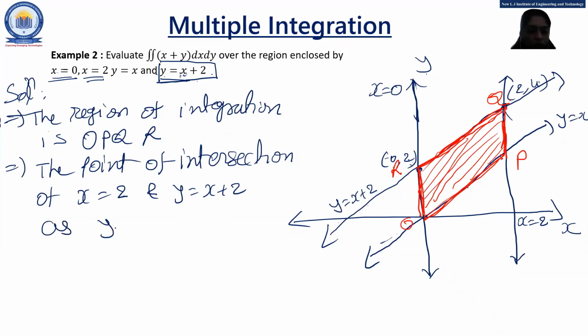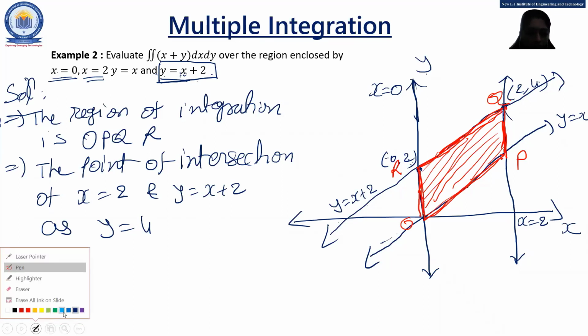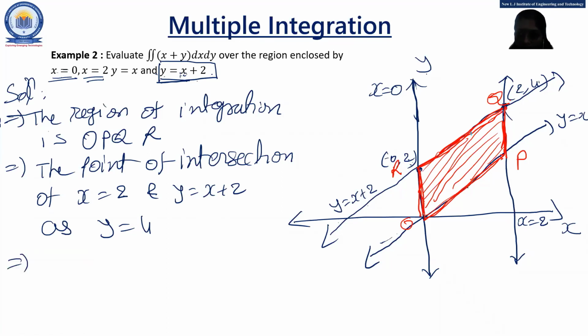If I put x equal to 2, then y equal to 4, right? So here we have taken a strip parallel to the y-axis again.